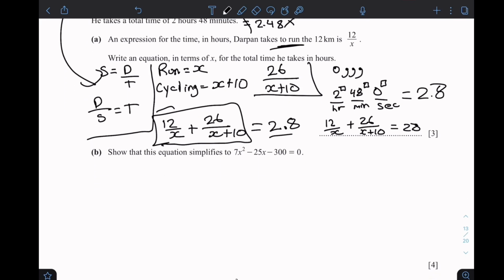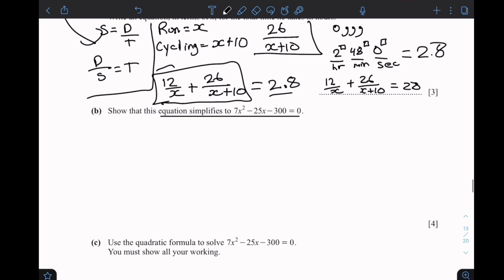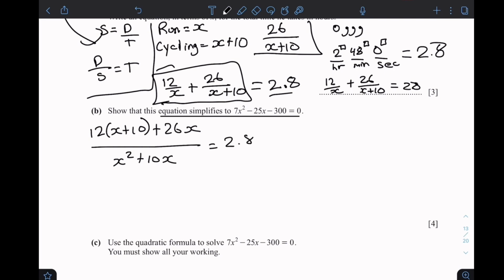Okay, so now what you do is show that this equation simplifies to 7x squared minus 25x minus 300. So you just have to rewrite the equation. First let me make it into a single fraction. So plus 26x divided by x squared plus 10x, which is equal to 2.8. So 12x plus 120 plus 26x is equal to 2.8x squared plus 28x.